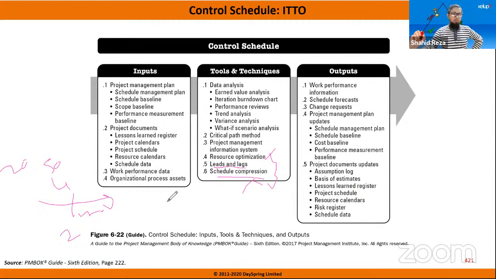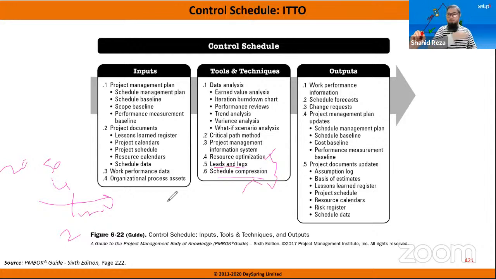In Bangladesh and everywhere, what we see is that we make a network diagram, find the critical path, and take a printout of the project schedule. Then we never update that critical path, network diagram, or project schedule. The project goes on its own way. We don't follow the project schedule or schedule baseline.